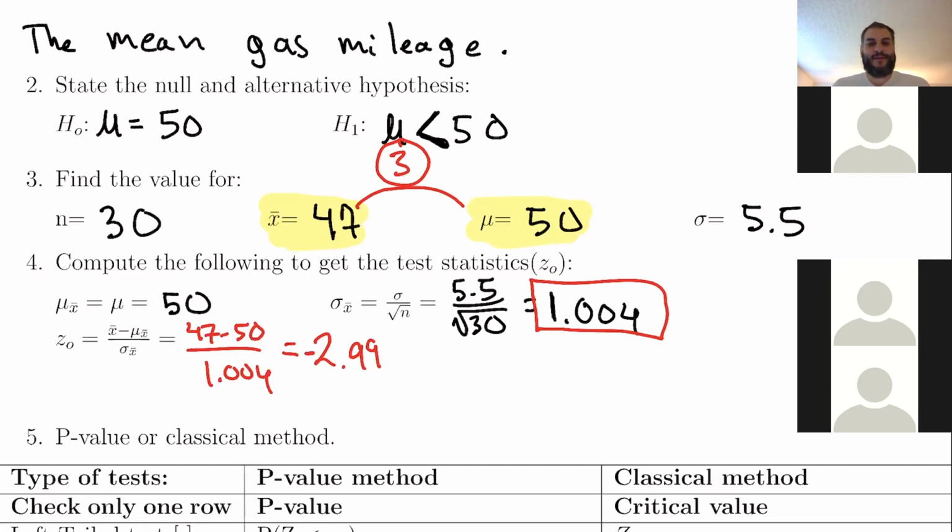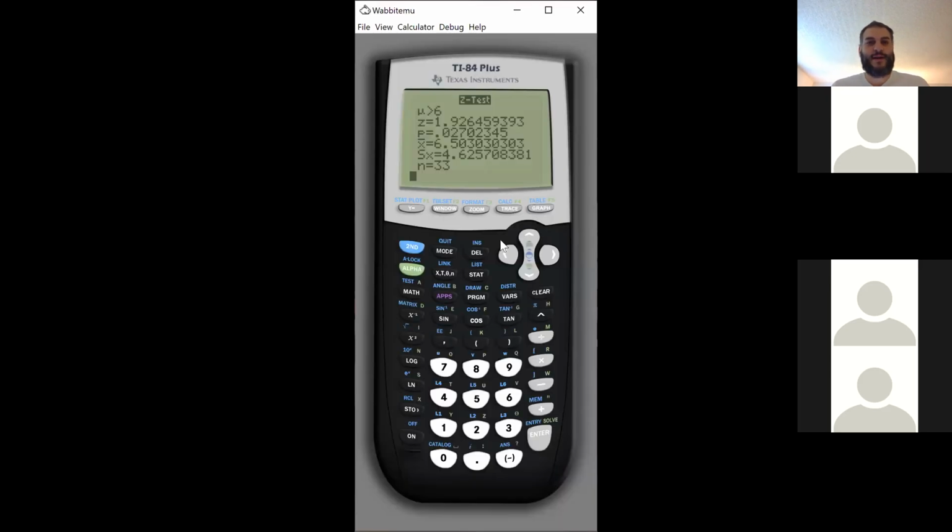All right, let's go to the TI-84. Let's turn it on. Let's go to stats, go to tests, and let's do the z-test. First thing you want to do is change it from data to stats, since we're not given the data anymore, only stats.